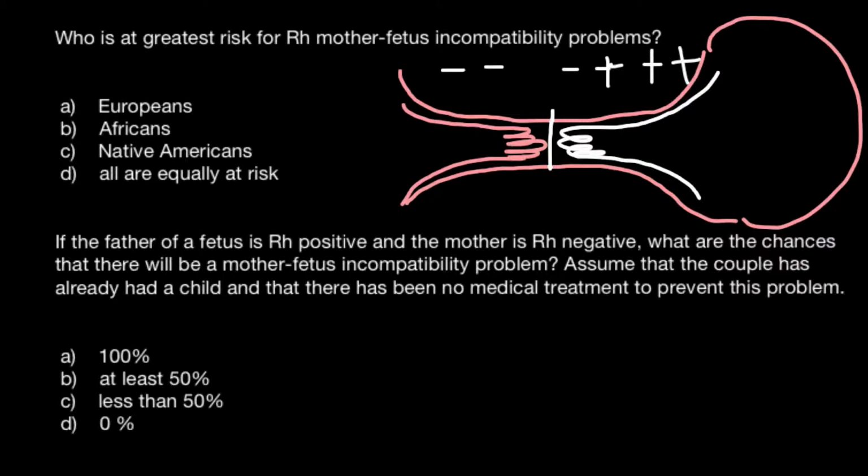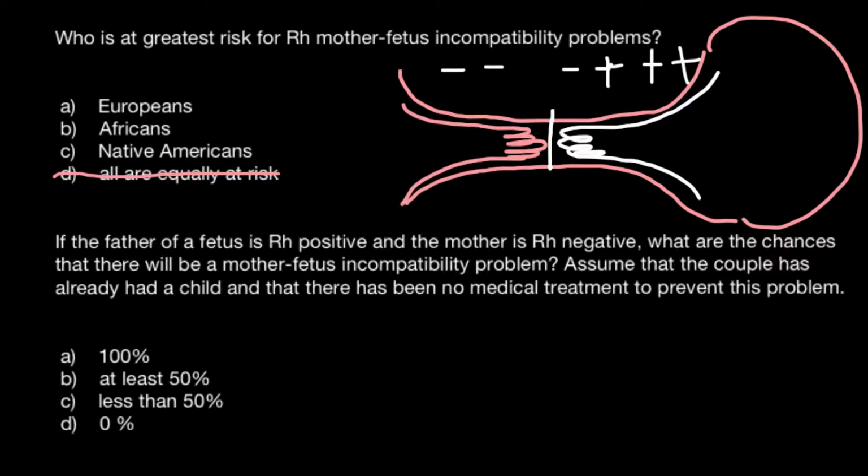So now that you know the theory, we can answer our question. It's hard to give an answer if you don't know, you can only guess, but here are the numbers. First of all, answer D, all are equally at risk, is not true, because all the groups have different occurrence of Rh positive and Rh negative blood groups.